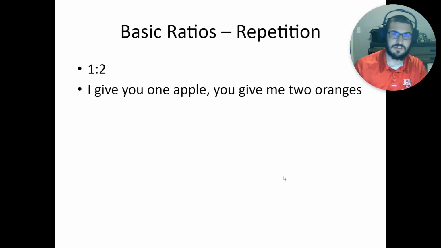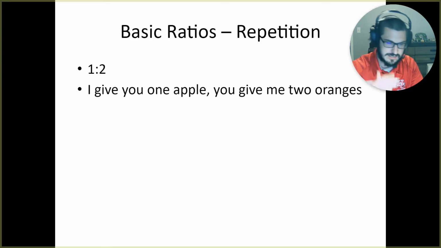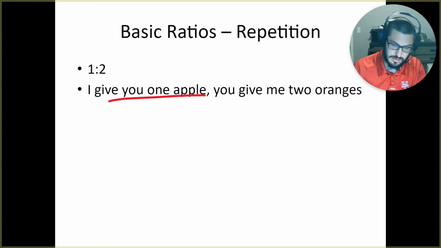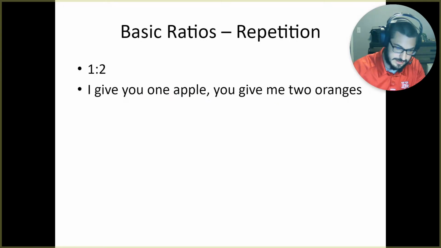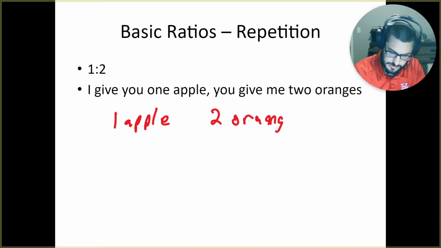So I'm going to start off just talking about ratios and how they interact. So if I've got a 1 to 2 ratio, for example, I give you one apple and you give me two oranges, then that means that if I give you one apple, there'll be two oranges that you give me.